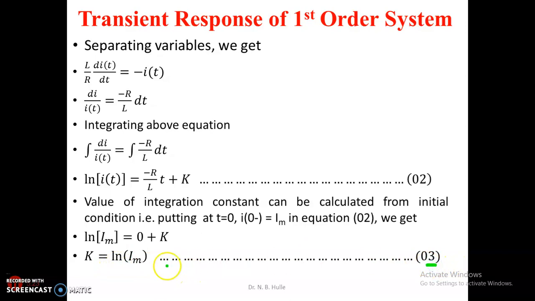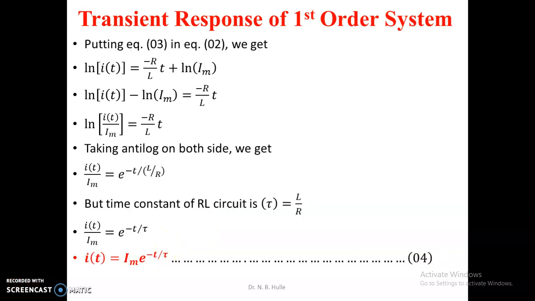Now we will put this value of the integration constant, which is log of Im, and we will get the next equation, which will be helpful for finding the values for this source free RL series circuit. Putting equation number 3 in equation number 2, we get log of I(t) equal to minus R upon L into t plus log of Im.